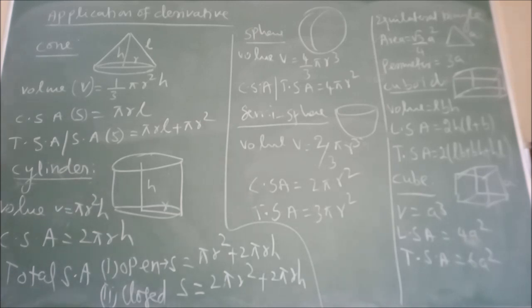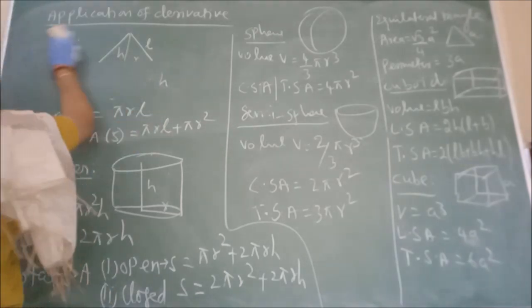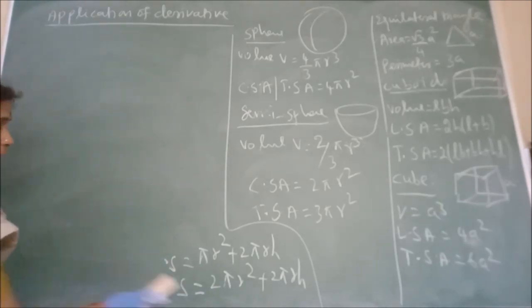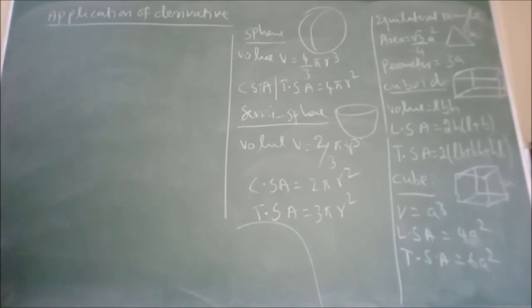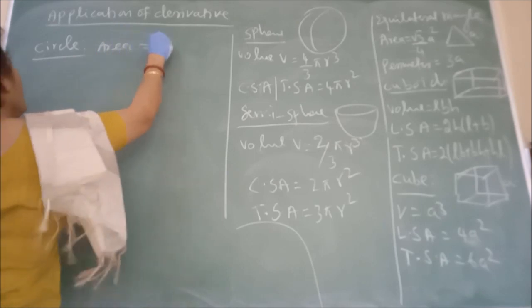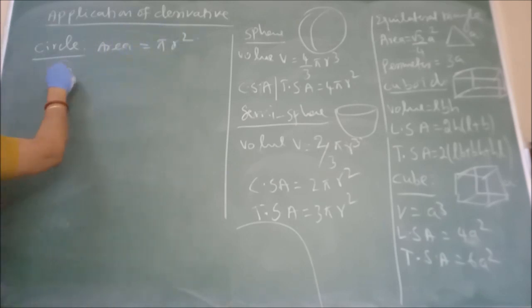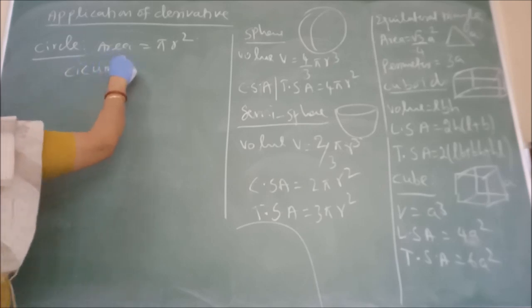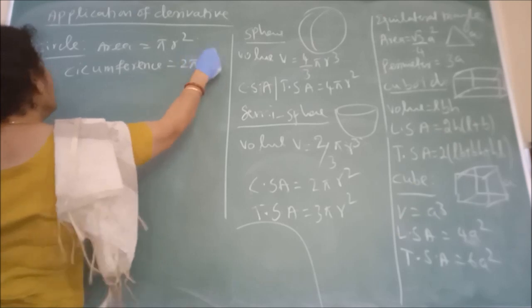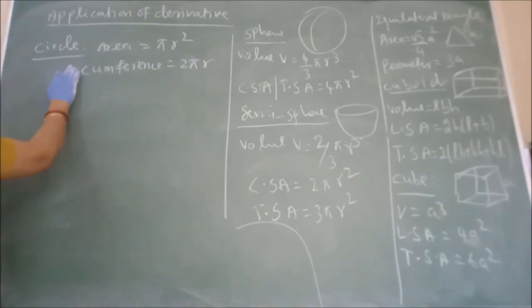Now next, the last one, just 2-3 formulas. Next I am taking the circle. Circle area is equal to pi r square, and the perimeter, we know, the circumference is equal to 2 pi r.